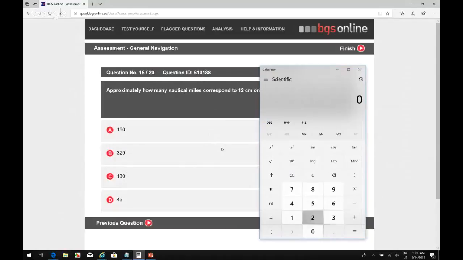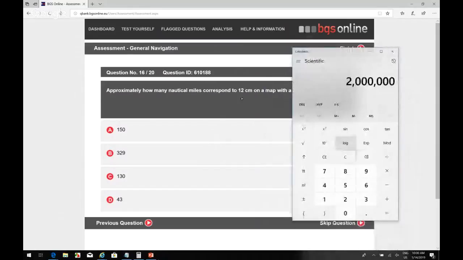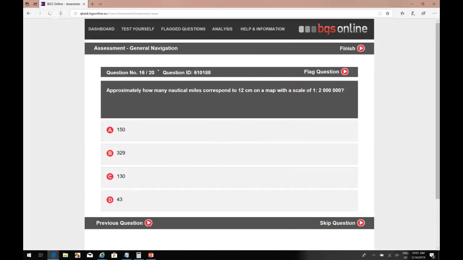So 2 million times 12 divided by 100 divided by 1852. 130 nautical miles. There we go. That's good.